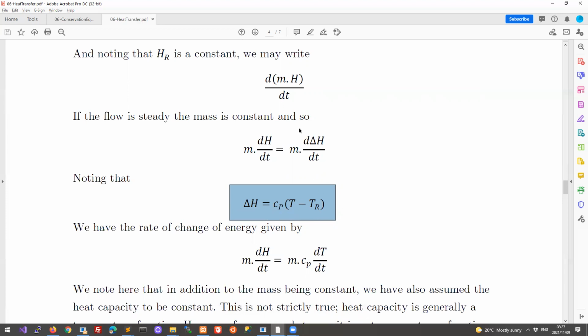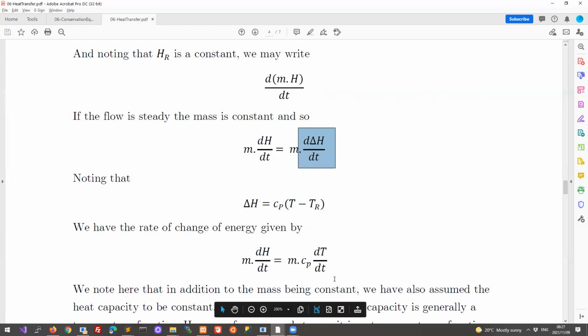And so we can rewrite this d/dt of delta H here as Cp dT/dt. So again, if you differentiate d/dt of delta H, you will get Cp dT/dt minus Cp dTR/dt. And so the reference temperature, that's not changing with time. So we can ignore that part. And so we are left with just this expression.